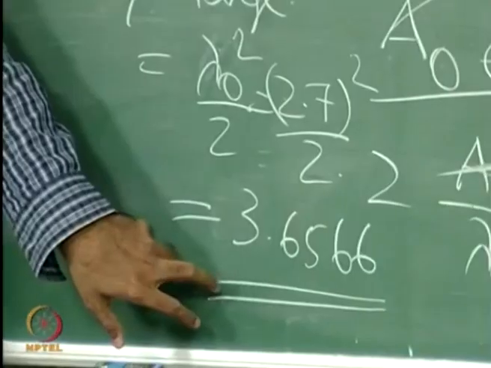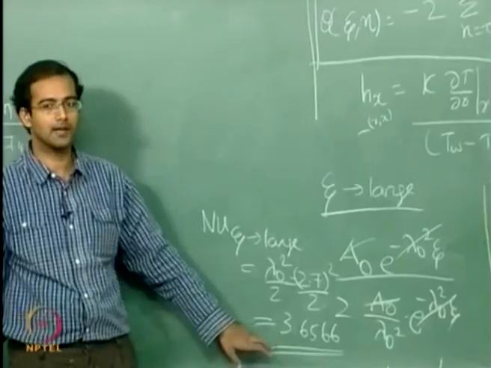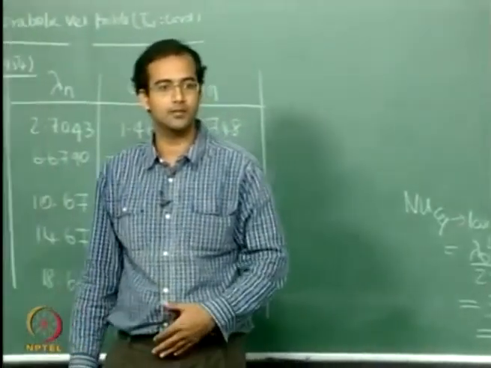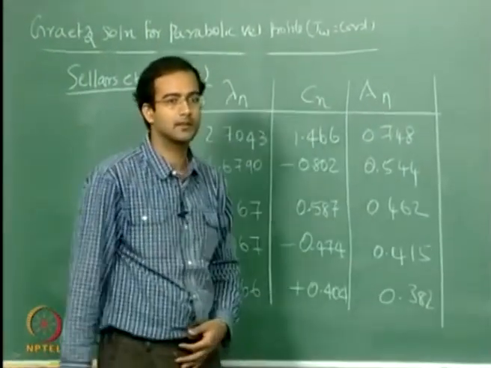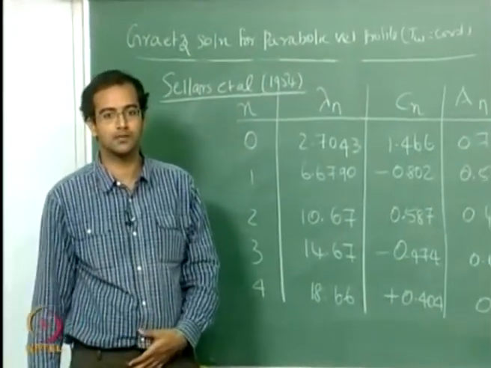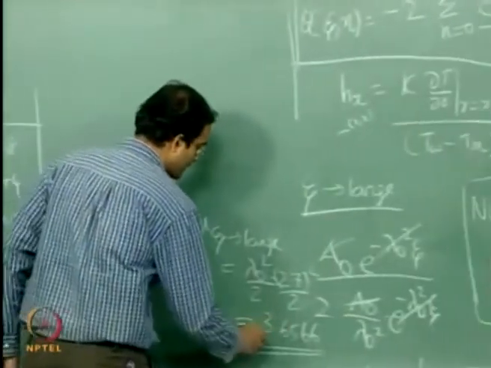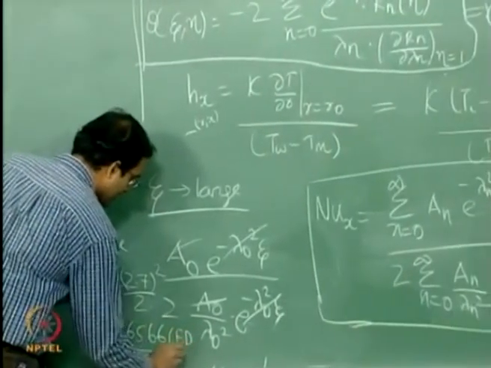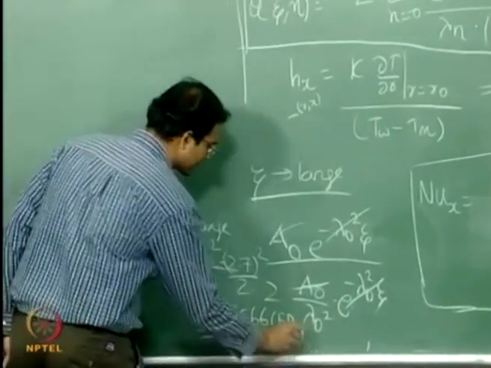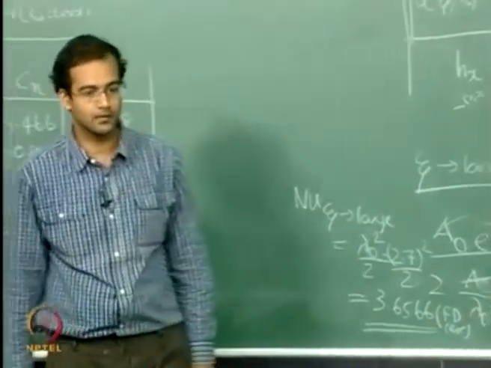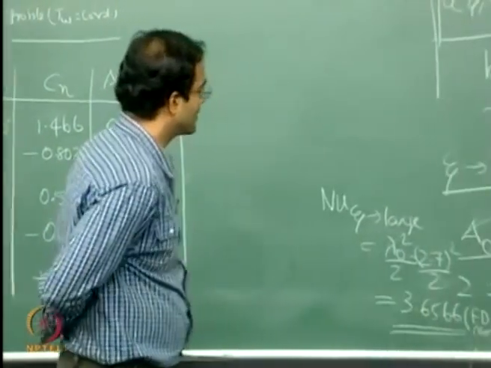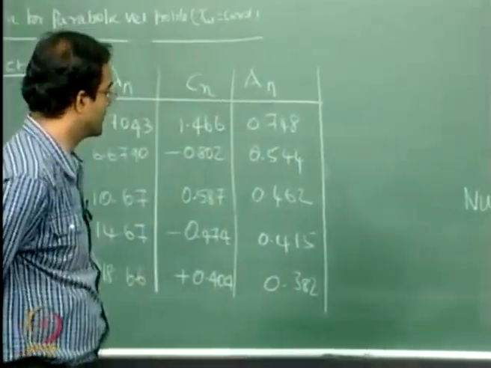So this was the Nusselt number. Now we are getting the same value as an asymptotic solution to the thermally developing case for large values of zeta. So this is your fully developed value. That comes out naturally as an asymptotic solution.